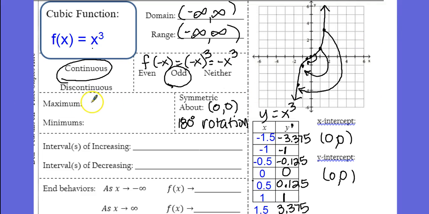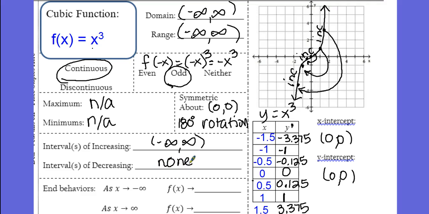Okay, maximums. It doesn't have any peaks, and it doesn't have any valleys. Okay, intervals of increasing. Now, when you look at this, it is increasing, right? And then it starts to change direction, but it's still increasing, and then it starts to get really steep again, but it's always increasing. That's right. There is no decrease. None.